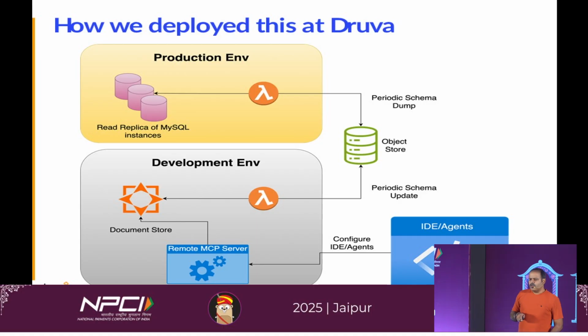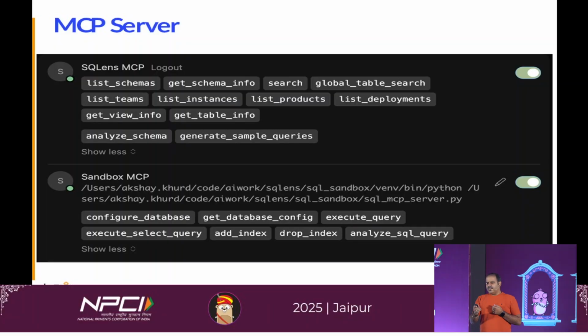On top of that document store, an MCP server is built, which reads the schema for different tool calls and gives out questions and answers to your LLM agents. And then this MCP server, as I mentioned, is configured to your IDEs and your AI agents.